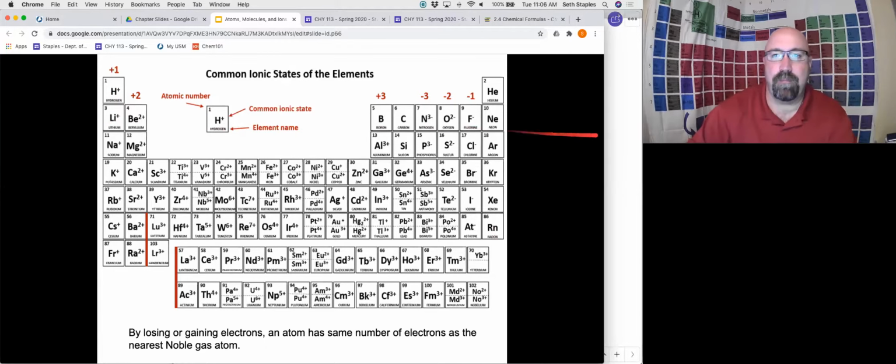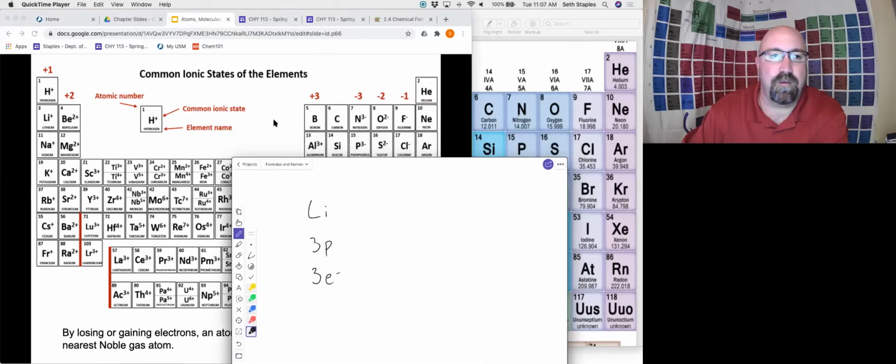Now the noble gas that is closest to lithium, the noble gas just before it, is helium, just 1 element away on the periodic table. The next noble gas would be neon, 7 elements away, so pretty far away. So the noble gas closest to lithium is going to be helium.